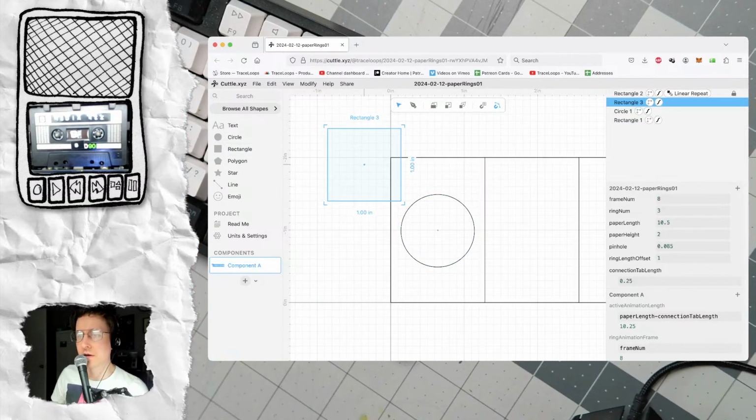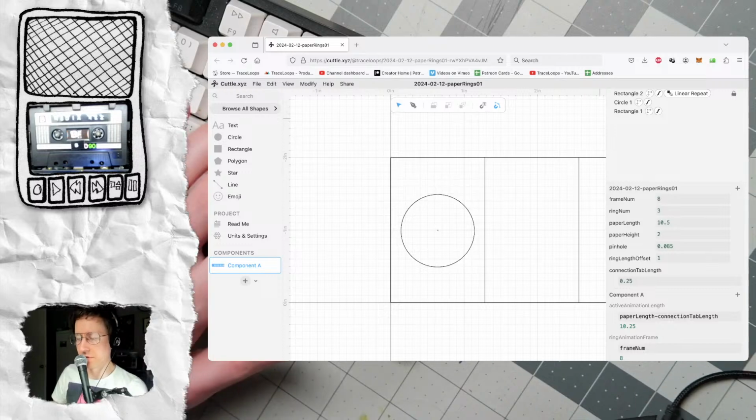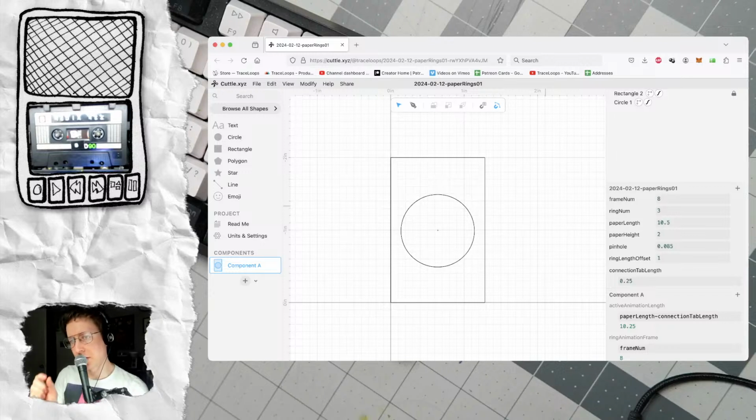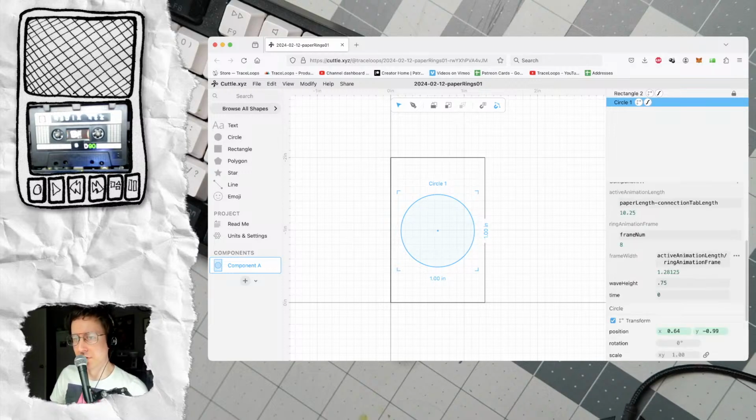This first iteration, turn off this linear repeat, get rid of this rectangle, and we're going to make an animation that exists in this space, and it'll be easier, and I'll be able to loop it. Because this is a solid paper cutout, I can just merge it all together at the tail end of things and put that in a format where I can add the necessary tabs and stuff later on. And this will be a good starting point, I think.